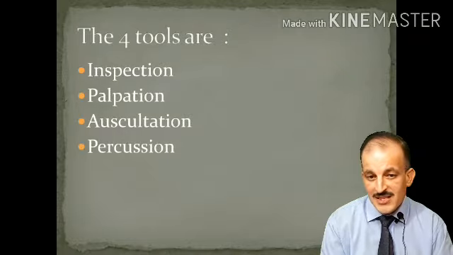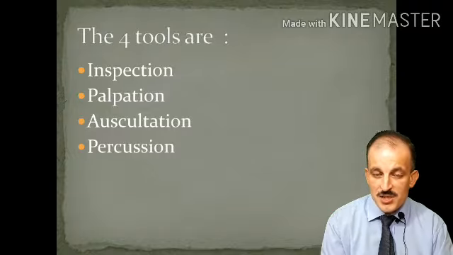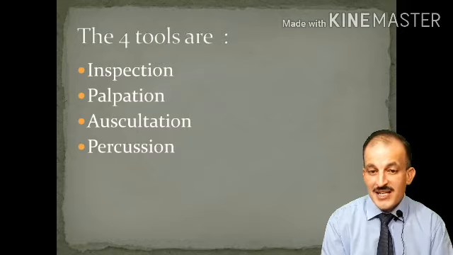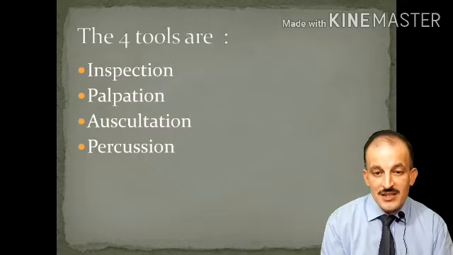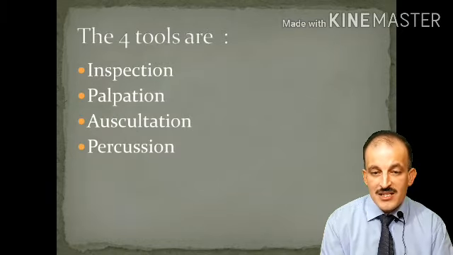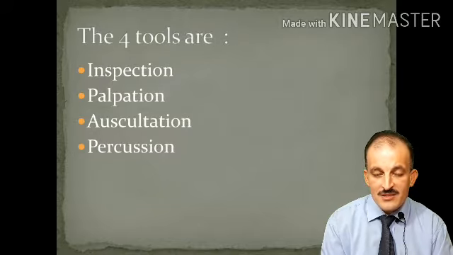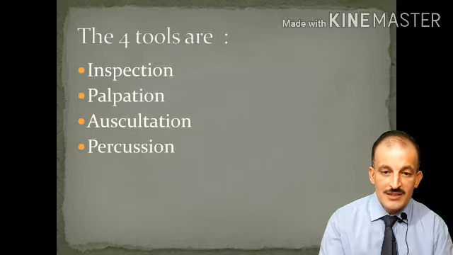The first is inspection, which means using eyes only. Palpation is by using hands. Auscultation means using a stethoscope, listening to the sounds. Percussion means listening by knocking on the various organs and tissues of the human body.